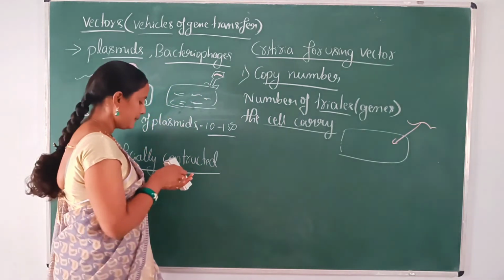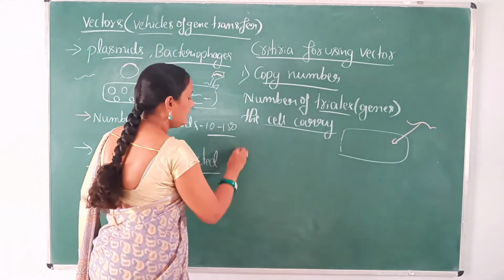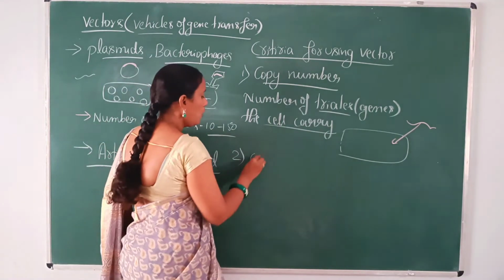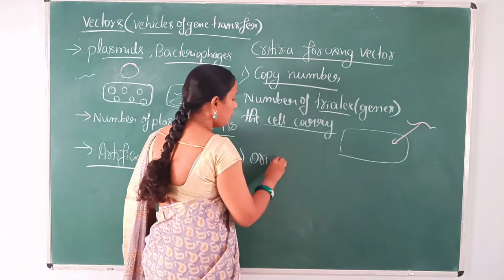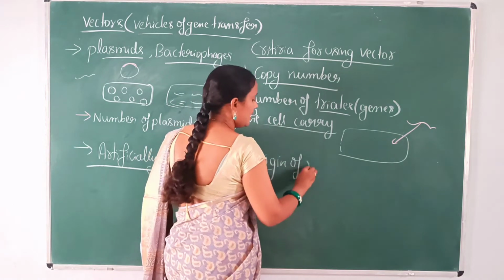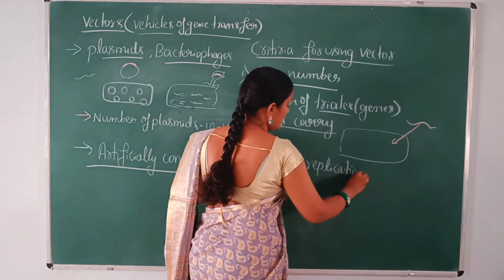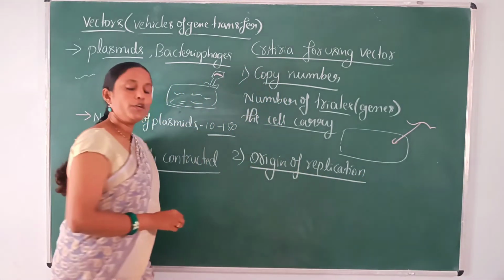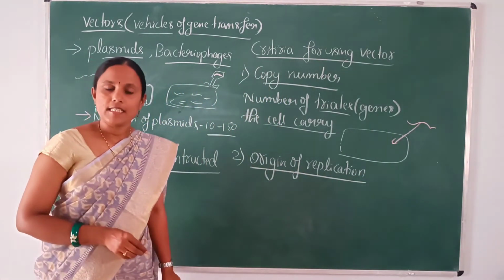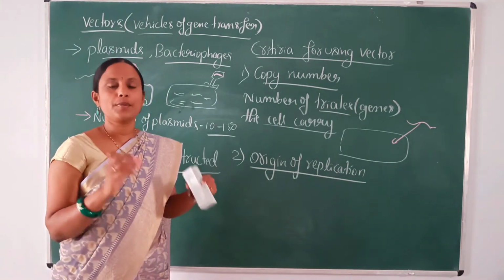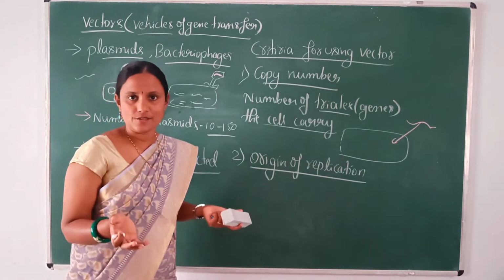And the second thing is the presence of ori site or origin of replication. So in order to use any DNA as a vector, it should have the ori site. That means to produce copy number, it should undergo replication, right?